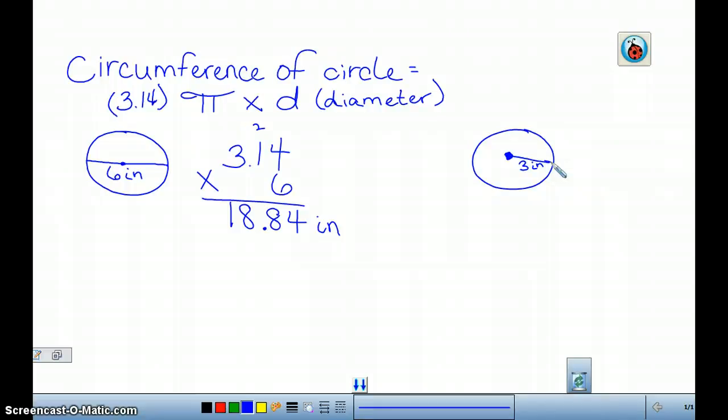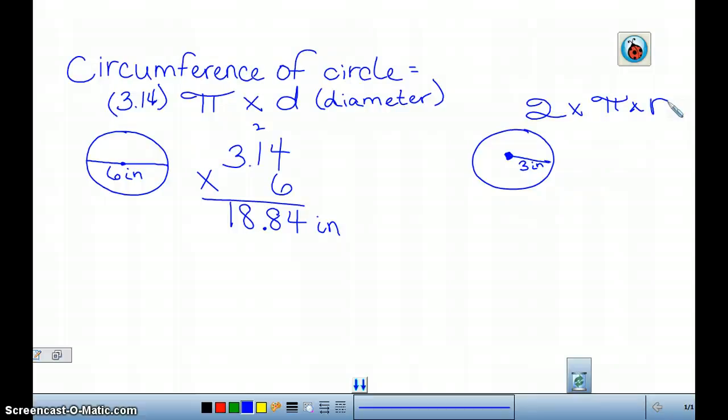What do we need to do, Abby? Times 2. You're just going to take it times the radius and then times 2. So they say that formula is 2 times pi times r, which you don't really need to memorize, so long as you realize this radius is half of this diameter.